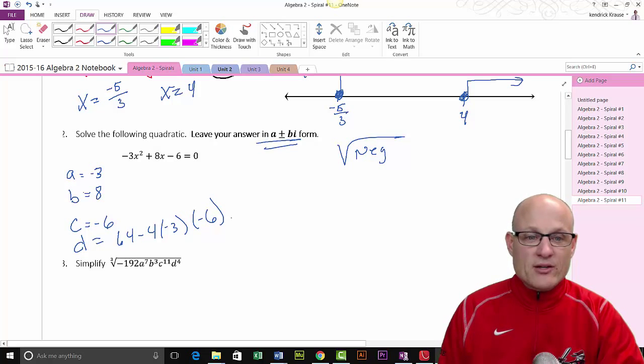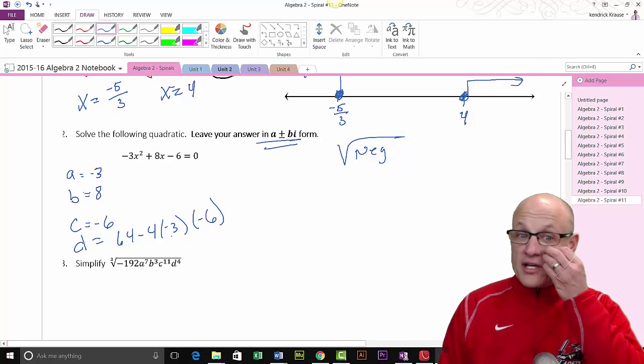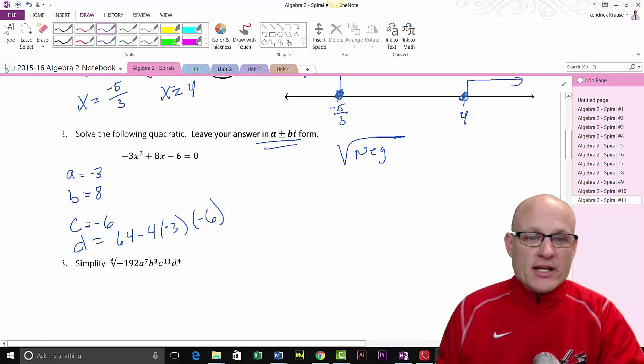That's 12 times 6. Three negatives make a negative. So this becomes 64 minus 72, which is negative 8.